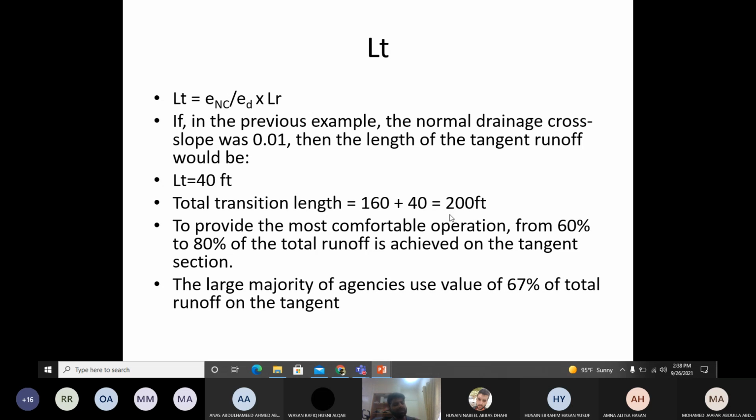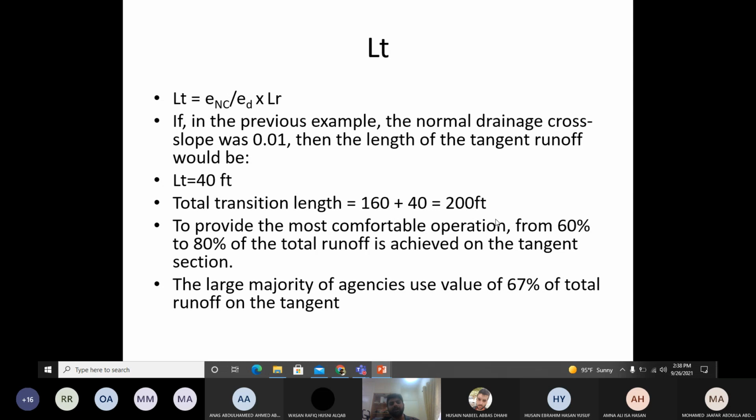Like I said, when you reach the start of the circular curve, you should almost have the full slope elevation. So out of this 200 feet, 60 to 80% is done on the tangent.